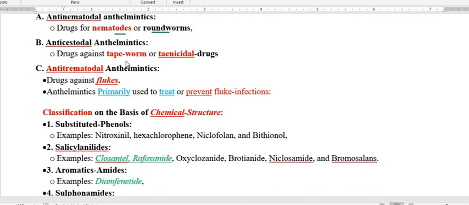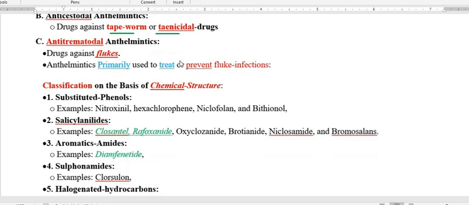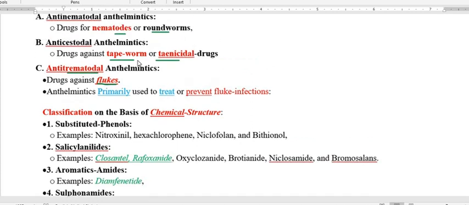If the anthelmintic acts against the tapeworm or cestode, it is called anticestodal anthelmintics, also known as teniacidal. And the last one is antitrematodal anthelmintics. The name itself tells us the drug used against the trematode or the flukes is called antitrematodal anthelmintics.